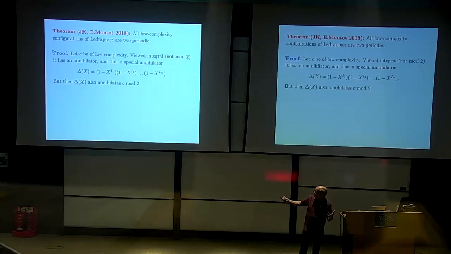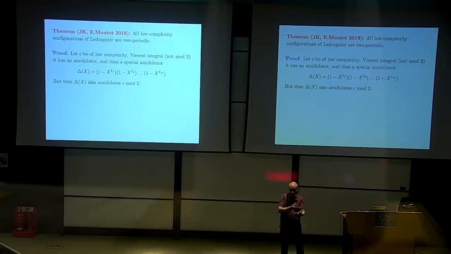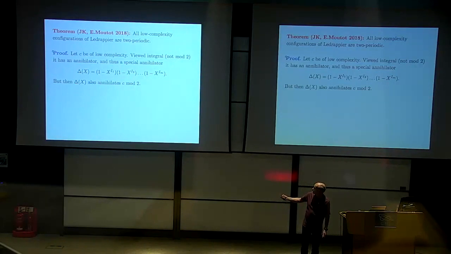But if this annihilates your configuration as an integer configuration, it also annihilates it modulo 2, because when you multiply your power series with the polynomial, you get zeros everywhere. Of course, then modulo 2 you also get zeros everywhere. 0 mod 2 is 0. So this is also an annihilator modulo 2.